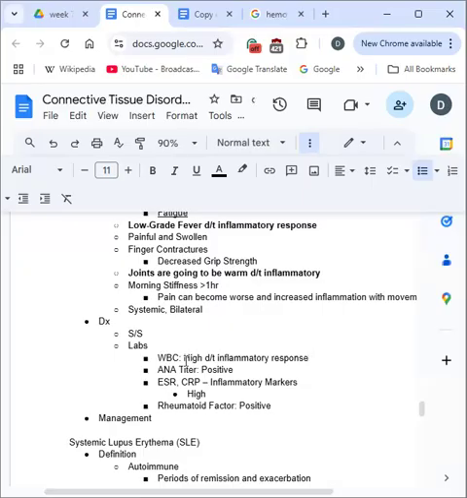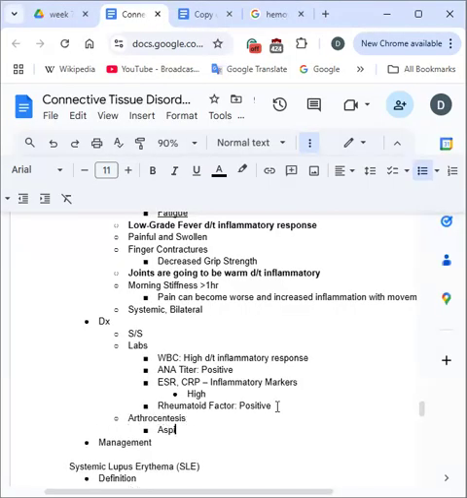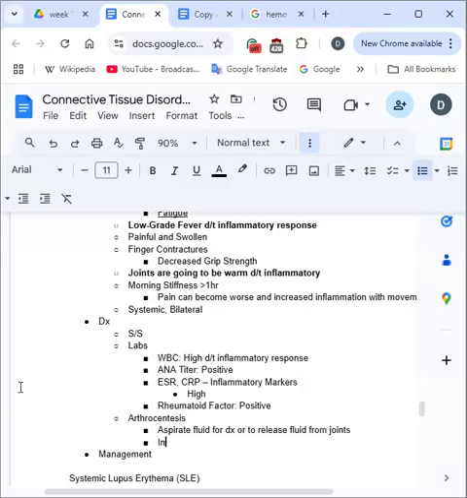They can have an arthrocentesis to drain some of that fluid. So you can drain fluid from there, or aspirate it, and that can help us diagnose because we can get some inflammatory cells in there.